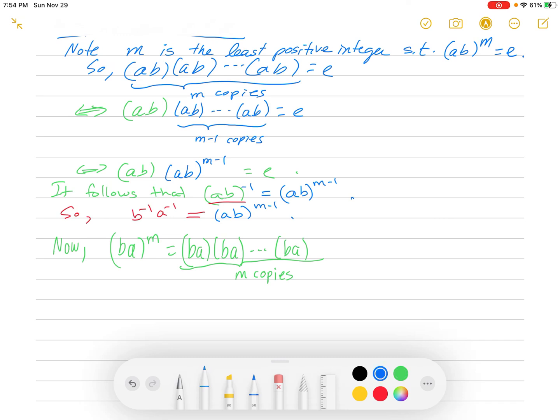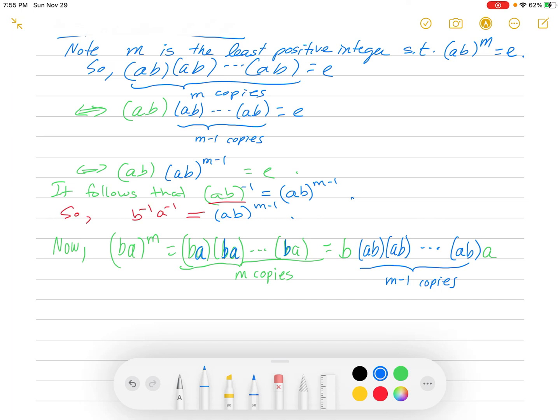Now I'm going to isolate the first and the last, and the others I'll just let be blue here. So the first B and the last A. That means everything else is going to be a bunch of ABs. How many ABs are we going to have there in the middle? M minus 1 copies. Why M minus 1? Well, we peel off a B in the front and an A on the back. That means there are M minus 1 ABs.